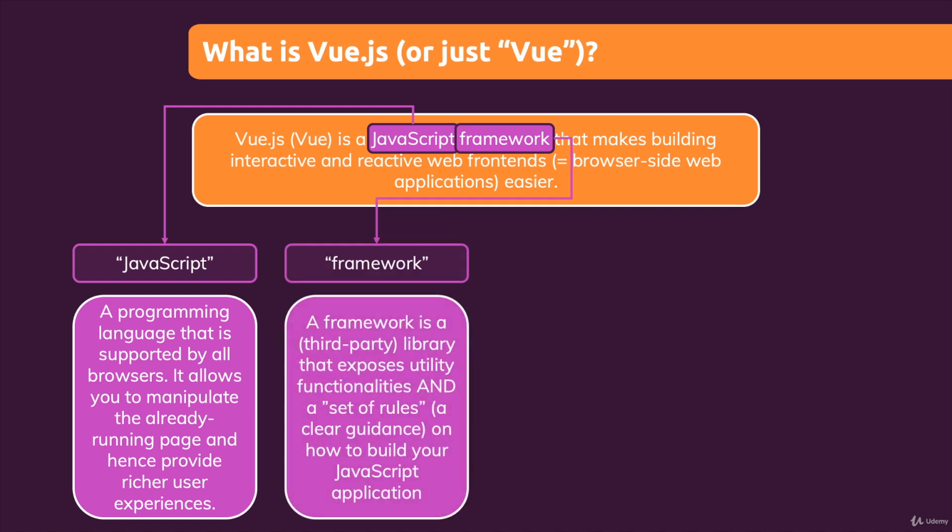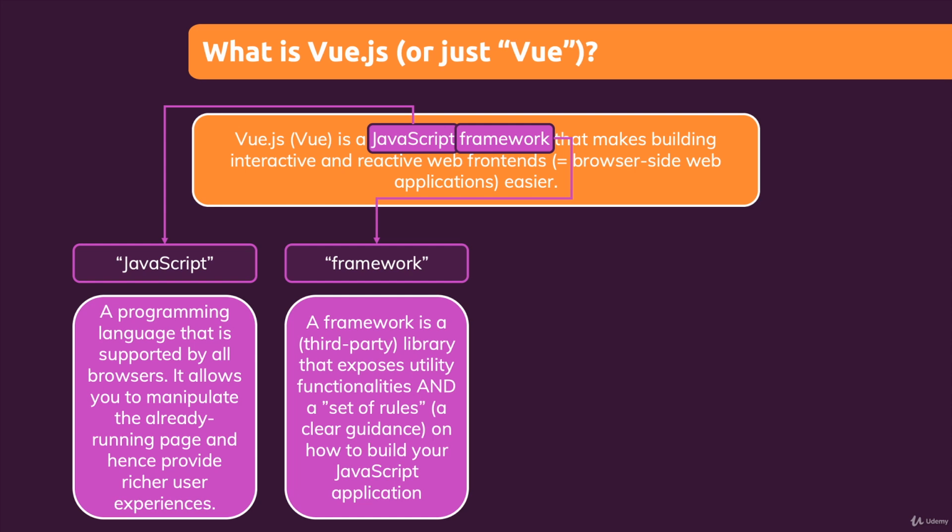Framework, not just in JavaScript, but in any programming language, is basically a third-party library, which means it's code not written by you, but by someone else, which exposes certain utility functionalities, certain methods, certain tools, which you don't have to write on your own. And that's important.